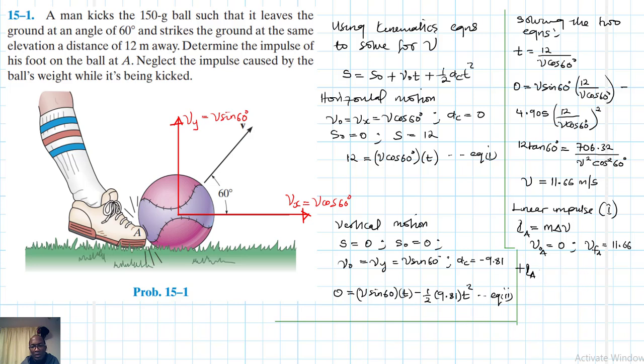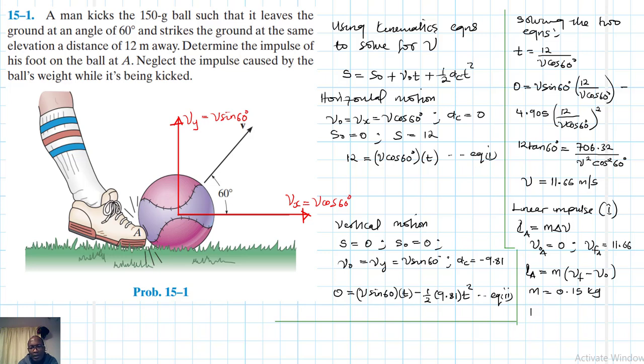This is equal to the mass times V final minus V naught, where m is equal to 0.15 kgs.